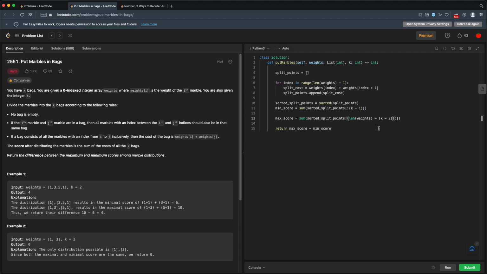Or length of, okay, this is wrong. It should be length of weights minus 1 to get the last index, minus k minus 1 to the end. So that's just length of weights minus k.